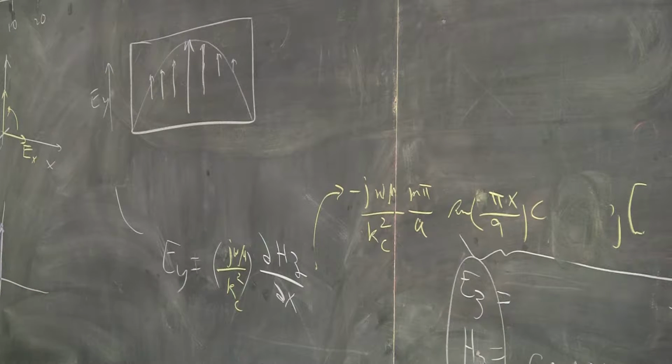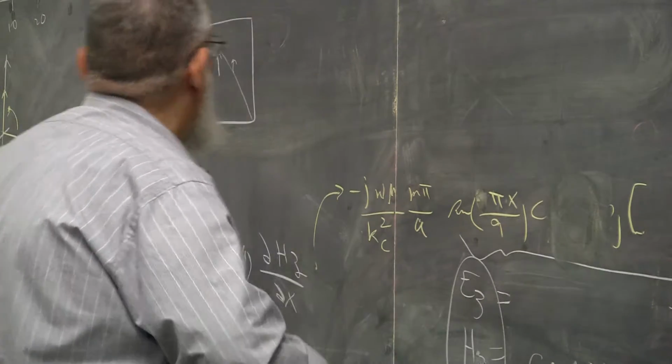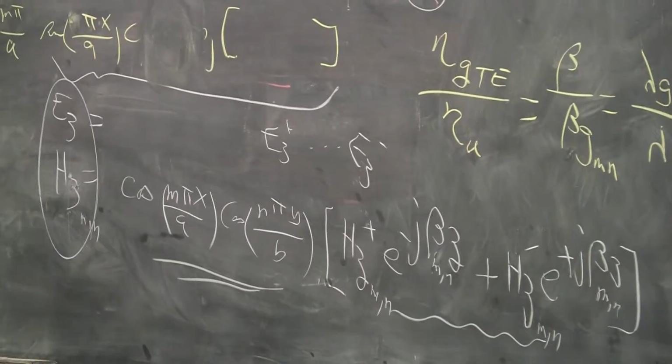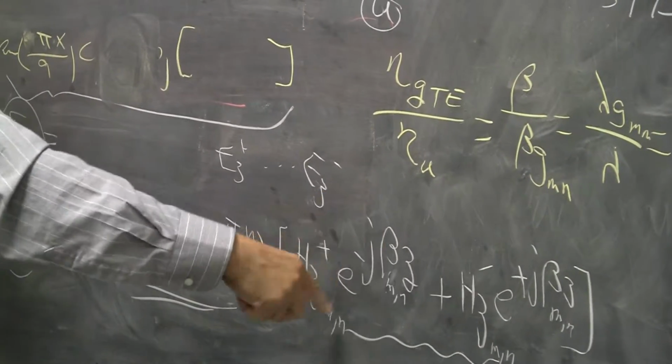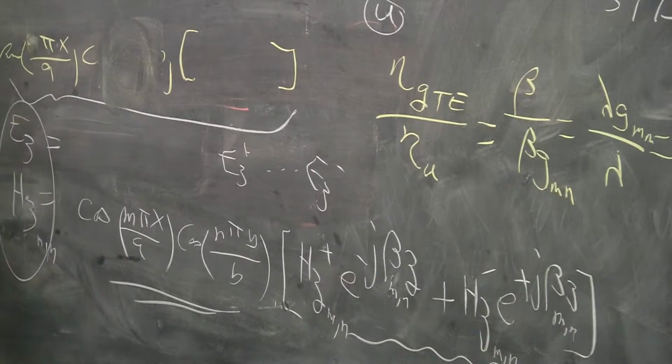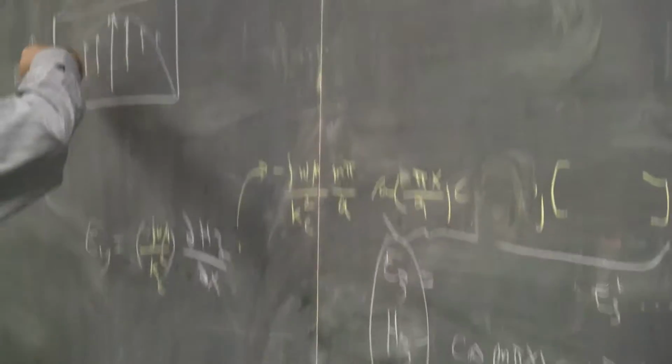Do you have an EZ? No. Do you have an EX? No. Only one component for the electric field. And that propagates along the Z-axis, and it flips polarity. That's a sinusoid along the Z.